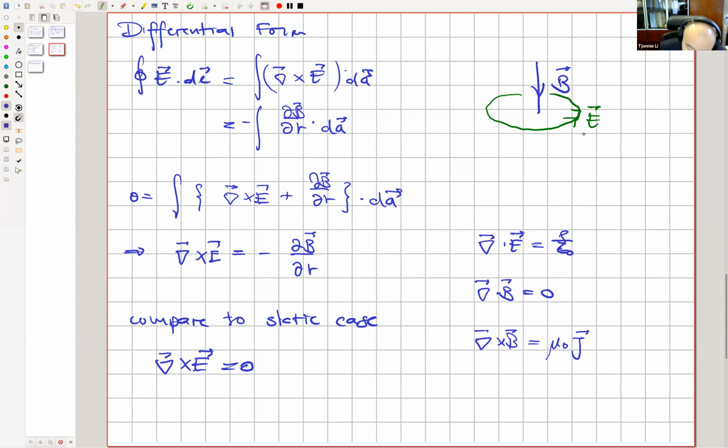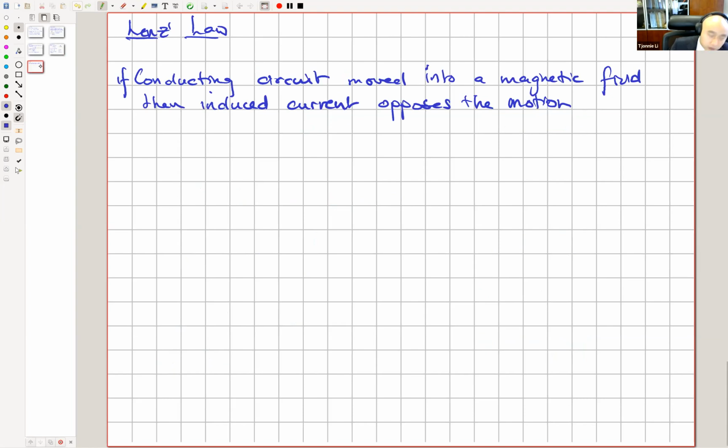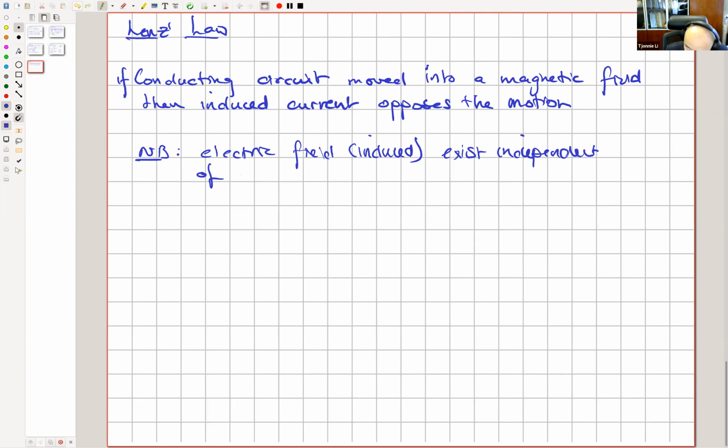Okay, now the important thing to note here is that all of this, even if I look at Lenz's law, where we're considering conducting circuits moved into the field, which then induces a current that opposes the motion, it is important to understand that the induced electric field exists independent of any matter, in this case the conducting circuit.